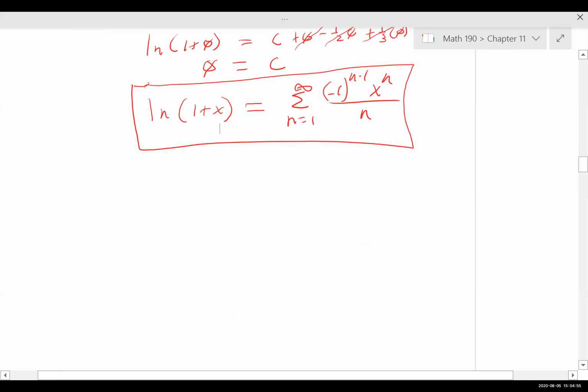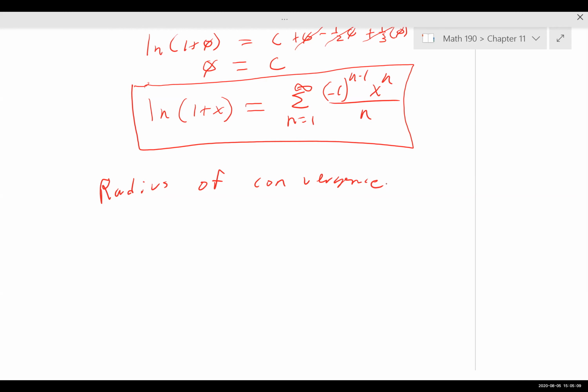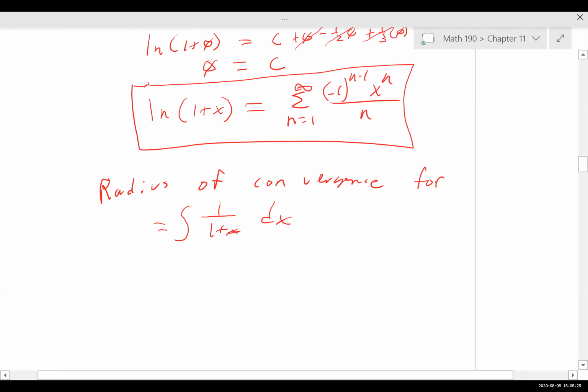Let's see what that means. So the radius of convergence. What do we have here? We were working with the integral of 1 over 1 plus x dx, which is equal to natural log of 1 plus x.